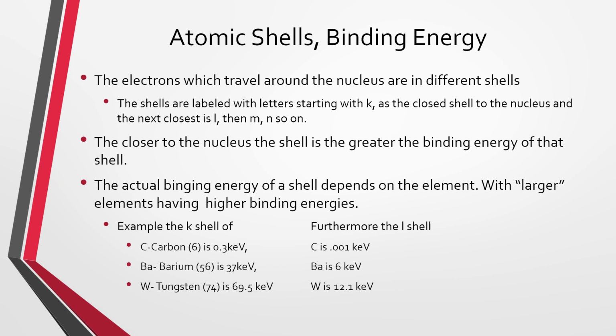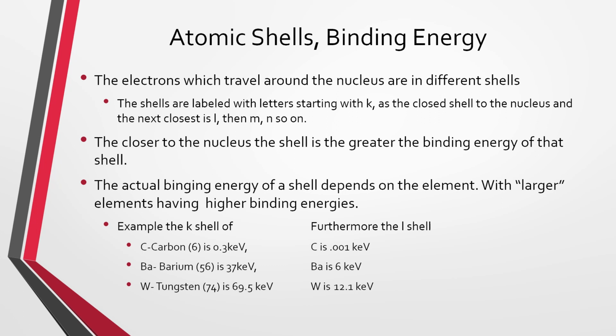Moving up, barium has 37 keV, so that's 37,000 electron volts that the K shell electrons are bound with in barium, and tungsten is 69.5 keV.